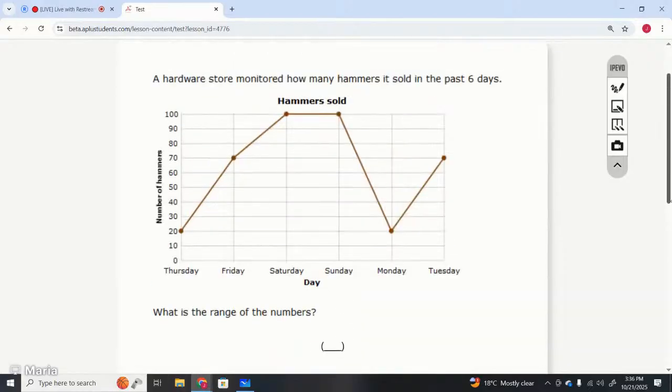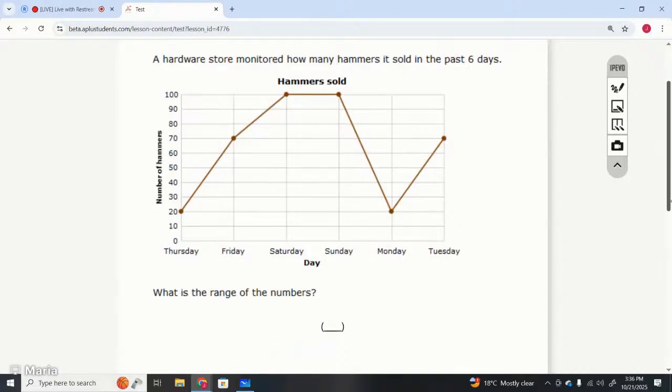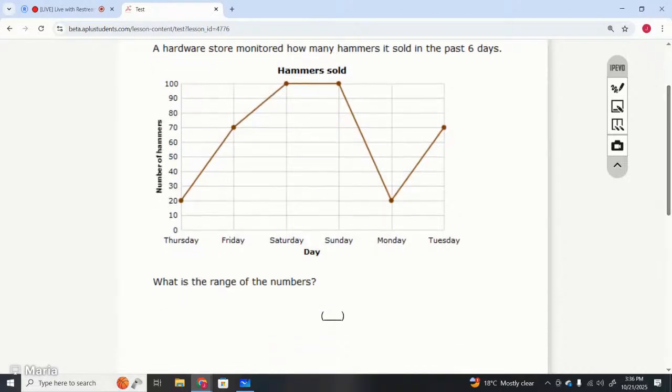A hardware store monitored how many hammers it sold in the past 6 days. What is the range of the numbers?